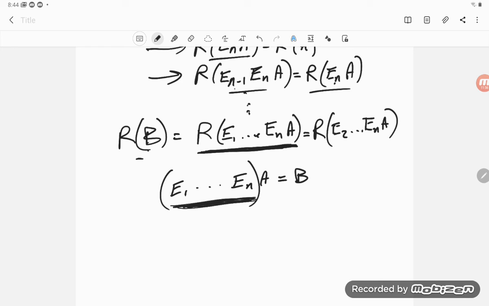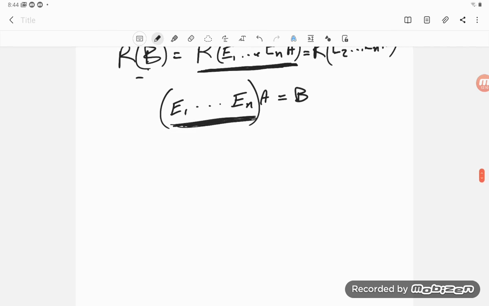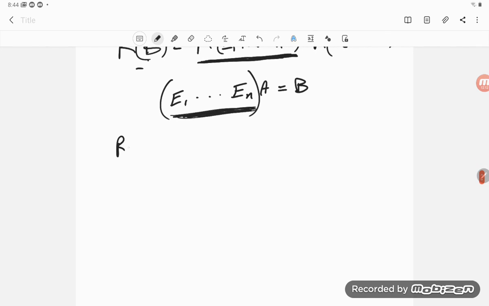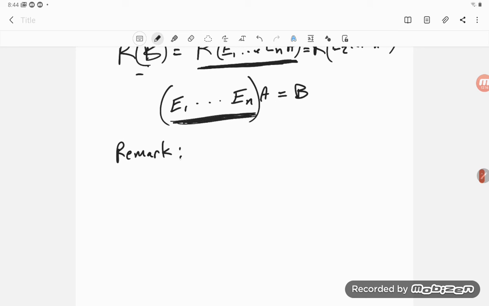Okay, so that's our statement of Theorem 3.22 and our proof. And they do make a remark and give an example. I won't go into the example, but they do make a remark.